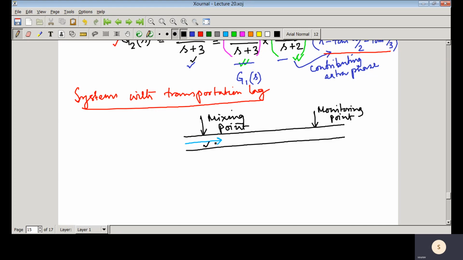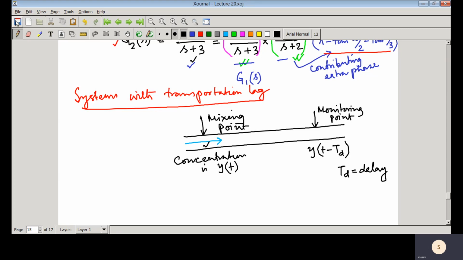At the time when you are mixing the dye, suppose the concentration is y(t). At time t you are mixing it at this point and monitoring what its concentration would be. Obviously, because of the distance from the mixing point to the monitoring point, you will get that concentration after some time, and that time is TD. So this TD is called the delay.